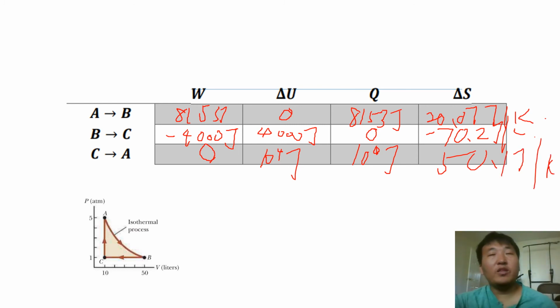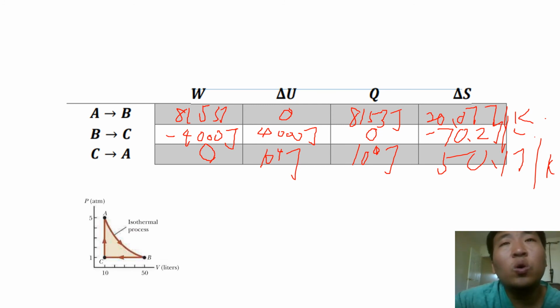So as you can notice, this is a reversible cycle, so that means there's no entropy change, and as a result we can notice that the change of the entropy is very minimal, or there's no change in this process.